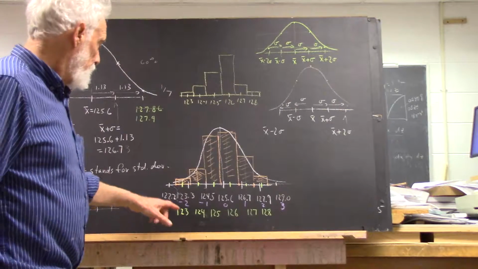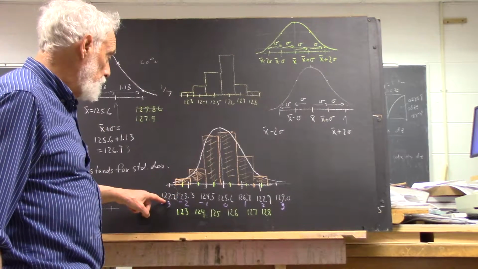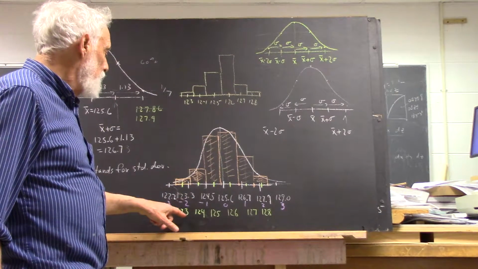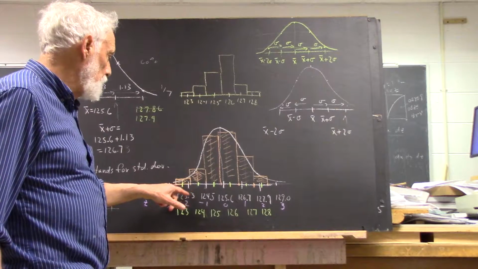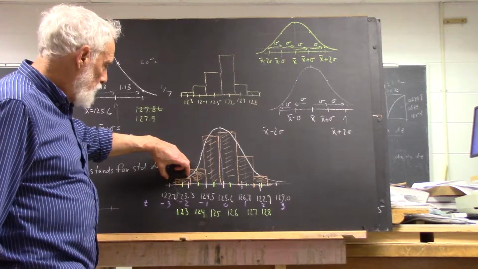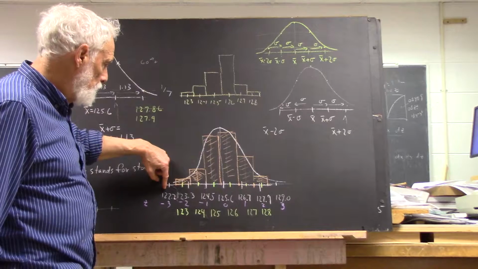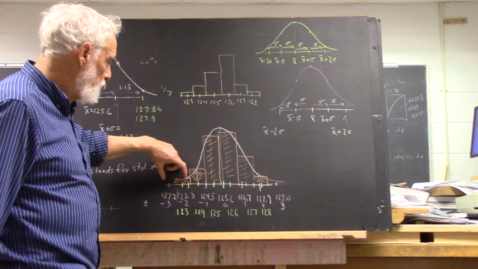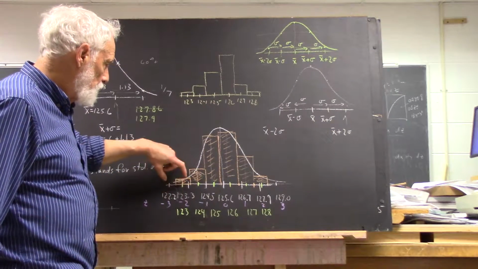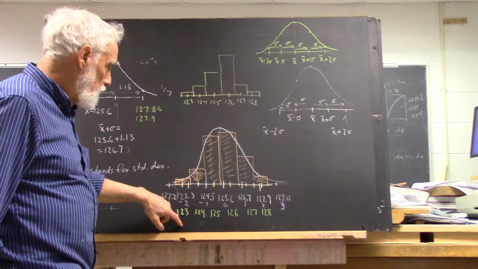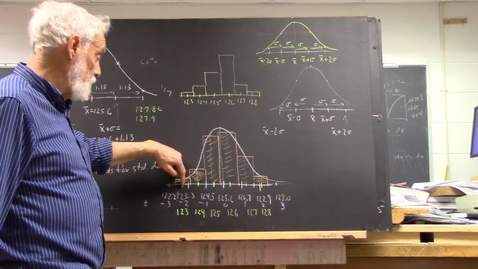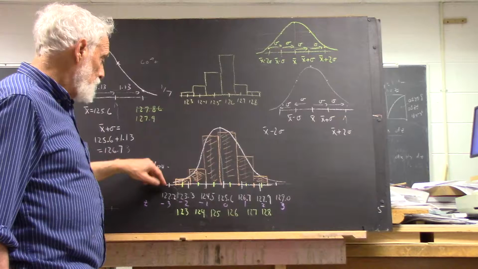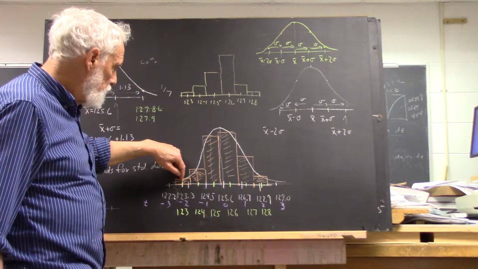For example, the reason I did the 122.2 here is because the 123 is to the left of 123.3, and I want to have that interval from 122.2 to 123.3, and I want to position 123 within that interval. 123 is 3/10 less than 123.3. It's 8/10 more than 122.2.